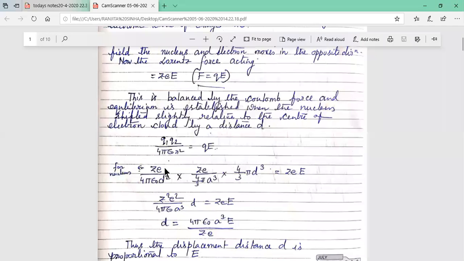The Coulomb force is Q1 Q2 by 4 pi epsilon 0 r square, where r is written as d, and this is for the electron cloud.